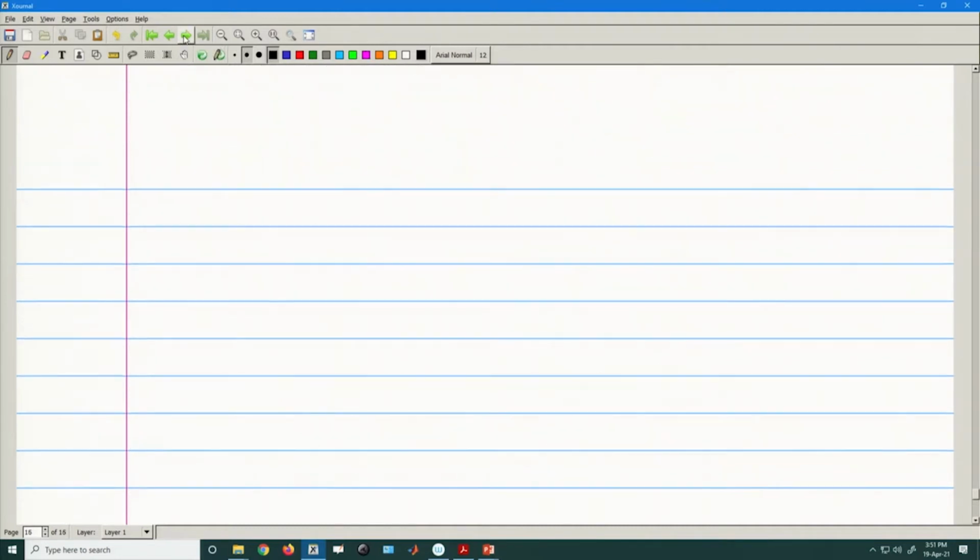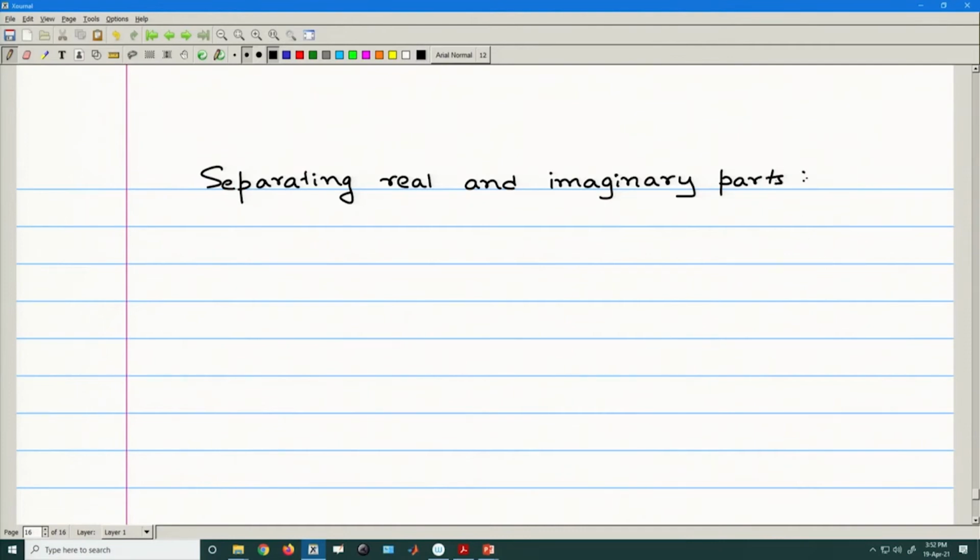So separating the real and imaginary parts, we will have k equals omega mu epsilon prime.